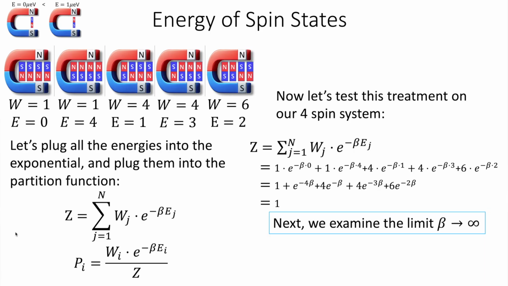Now let's look at it the other direction. Now let's think about beta approaching infinity. So now if I plug infinities in for all of those betas, well, it's e to the minus constant times infinity. Well, that makes those e's decay down to 0, doesn't it? So we're left with the probability of the system being in the 0 energy state being 100% chance.